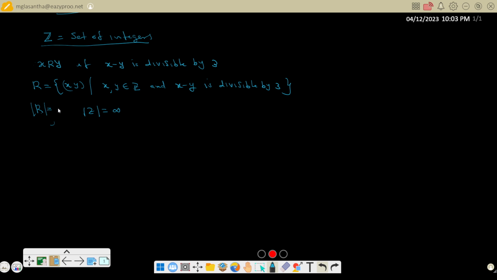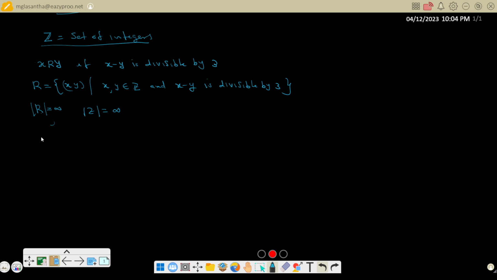Therefore R is also infinite. There are many elements in R. R is really infinite because you can never list out all the elements of R. Can you list out a few elements of R?